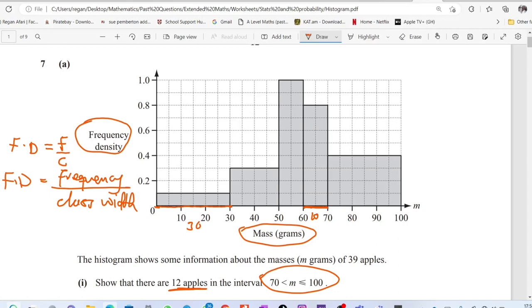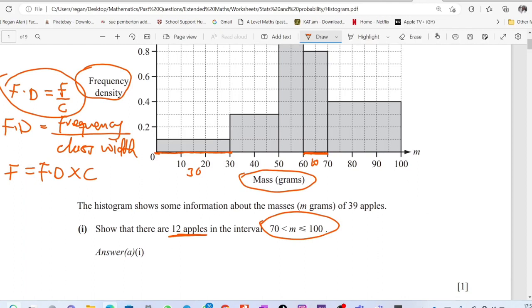However, if you're a little bit mechanical and you feel like there must be a formula to get it, sure, there is. Remember, I told you that frequency density is the frequency over the class width. So if you want frequency, then frequency is equal to the frequency density times the class width. So you can also use this argument, for someone who just wants a formula to work with. If not, just find the areas of these blocks and add them up and you get your various frequencies.